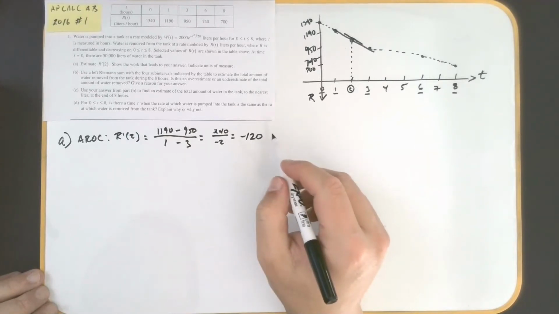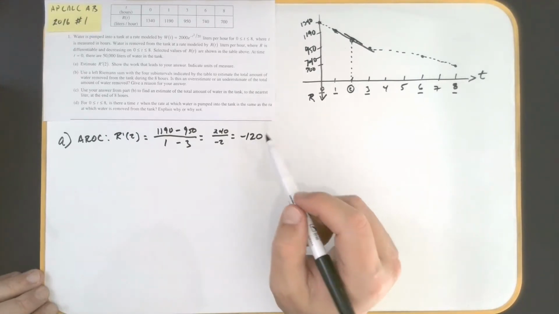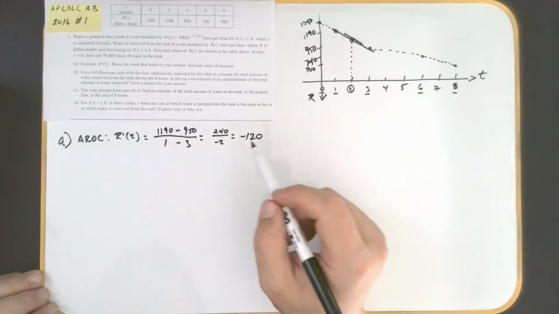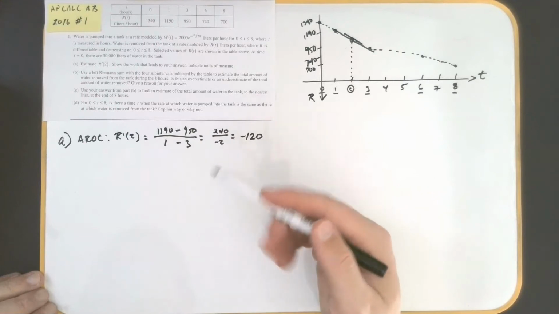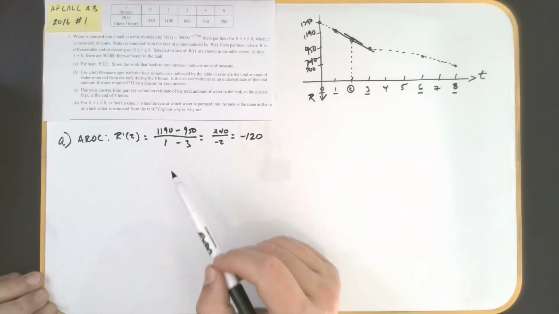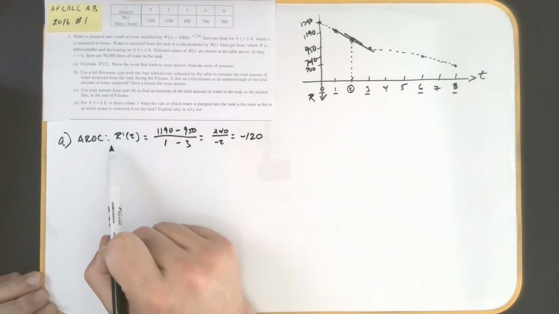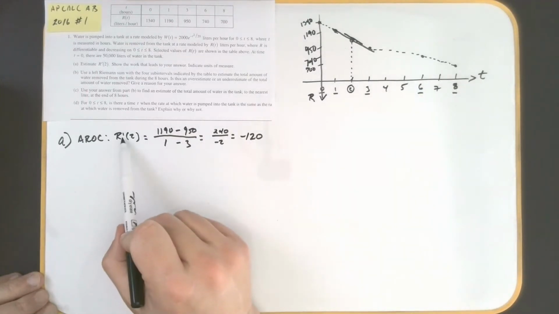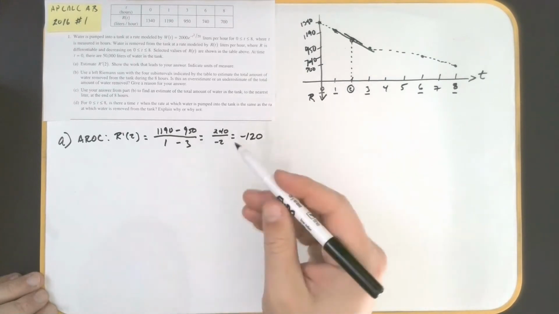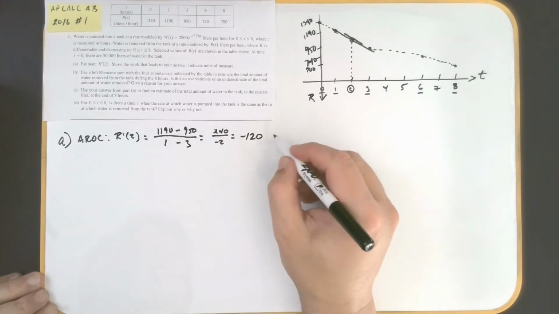Now, you got to make sure you get your label correct. You have to always recall, similar to a position, velocity, acceleration, acceleration always is time squared, because acceleration is the rate of a rate. Well, if r is a rate, this is the rate the water is exiting, and this is asking me to find the derivative of a rate. Well, then my time is going to be squared.